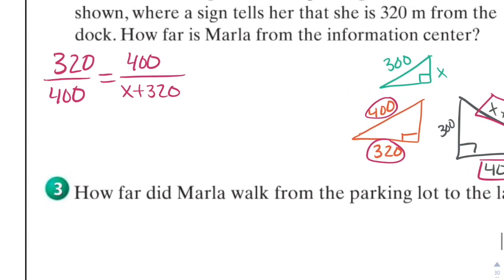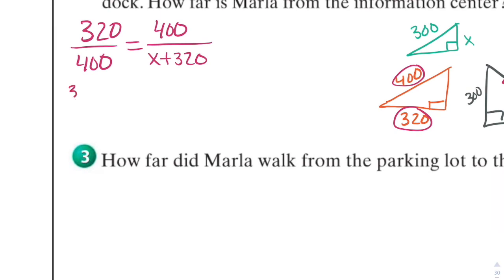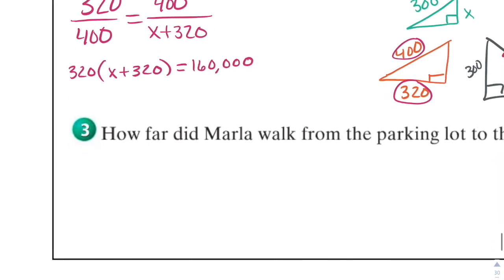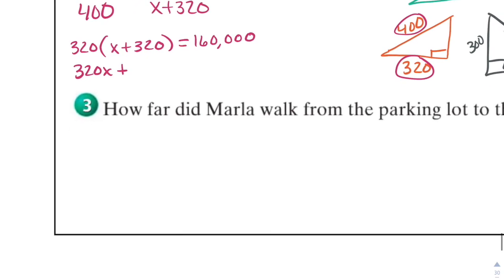It is going to involve some algebra, so 320 times x plus 320 is equal to 400 times 400, which is 160,000. So I'll get 320x after I distribute. Let's see, 320 squared is 102,400.